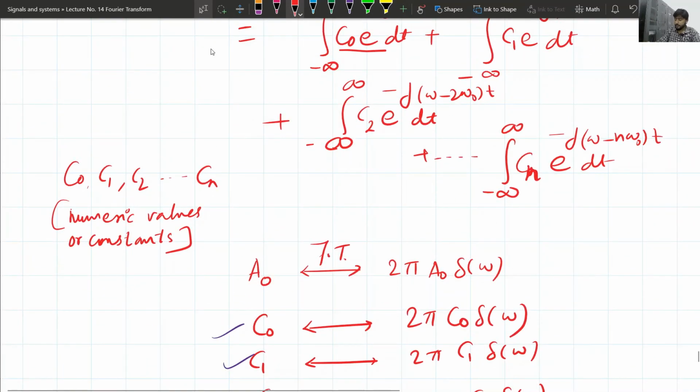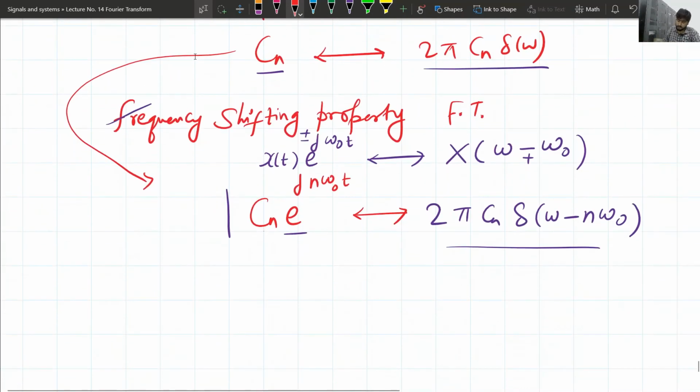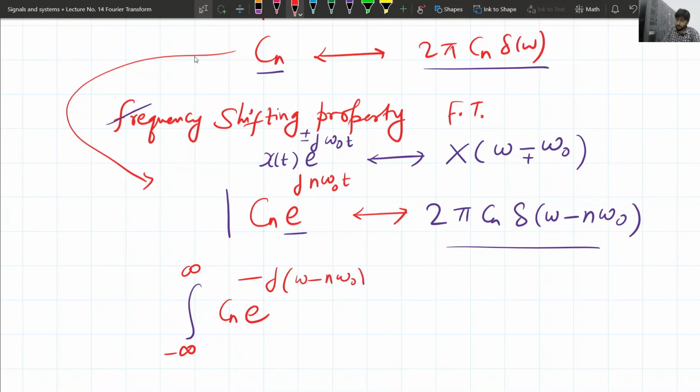So if we look into this integral, integration minus infinity to infinity Cn e to the power minus j omega minus n omega naught t dt, it can be written as integration minus infinity to infinity Cn into e to the power j n omega naught t multiplied by e to the power minus j omega t dt.